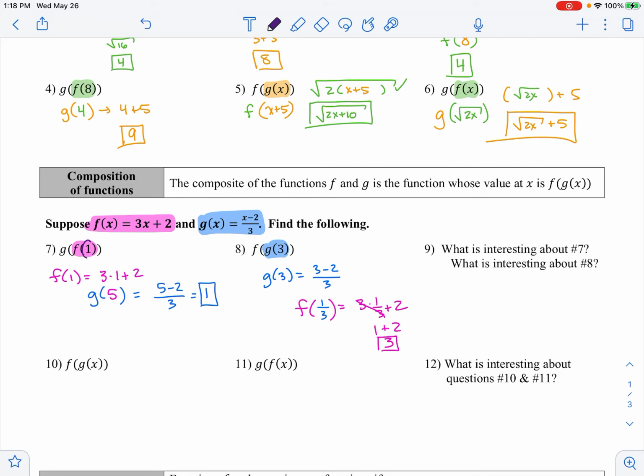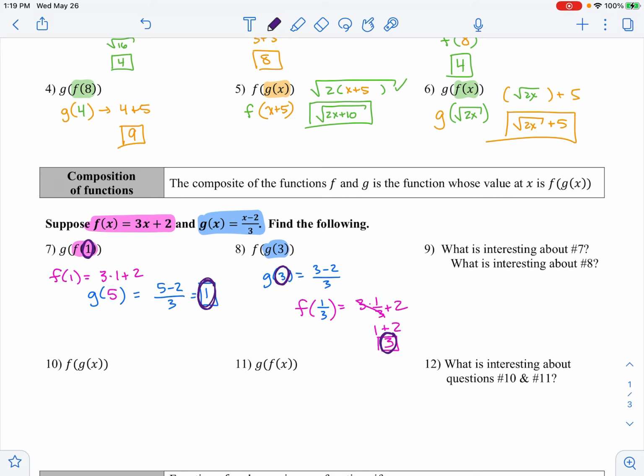I started with 1. I did something to it, and then I did something else to it, and I ended with 1. I started with 3. I did something to that, and then I did something else to that answer, and I ended with 3. So I plugged in 3, and I got 3 as my answer. I plugged in 1, and I got 1 as my answer.